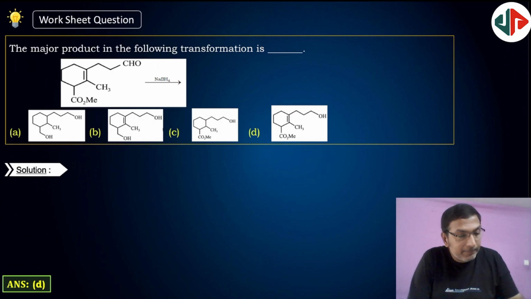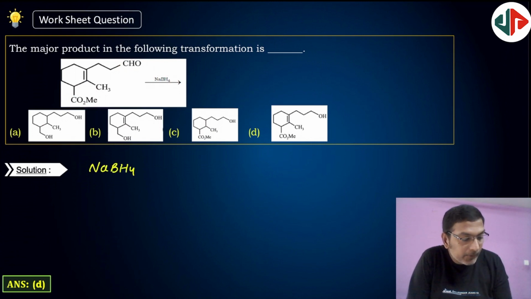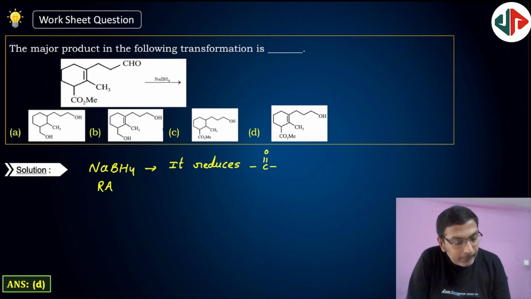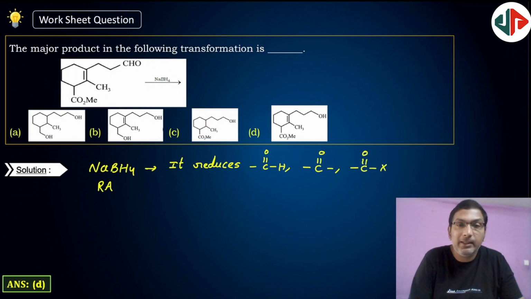So first question. Here it is given aldehyde, this aldehyde group, and this will be the ester group. Here NaBH4 is given. NaBH4 is a mild reducing agent and it reduces only aldehydes, ketones and acid halides.